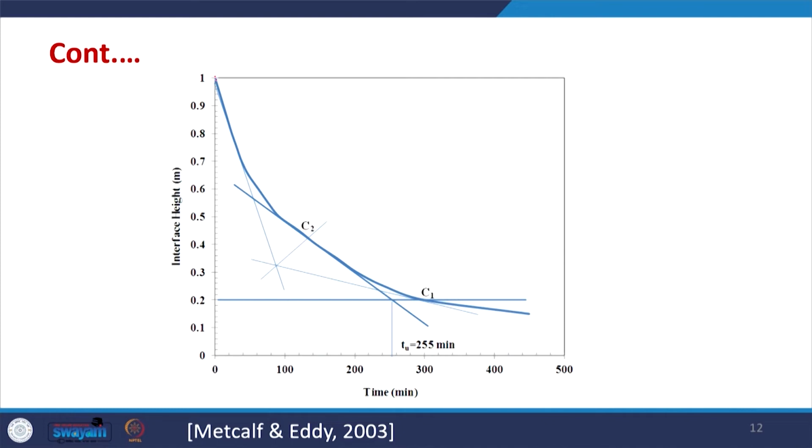This is the same as earlier, but we are repeating it here. The curve is shown from 1 meter height, this blue curve, going like this. We actually measure the height with respect to time, and from this data we draw this curve.